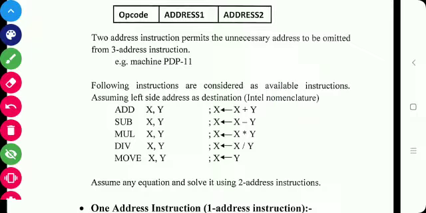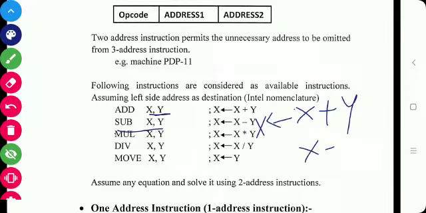Means this instruction adds x with y and stores the result in x. Similarly, sub x, y: this instruction subtracts y from x and stores the result in x. Then move x, y: this instruction moves y into x. So like this, there are only 2 addresses in the instruction. So one is source and the other is destination.